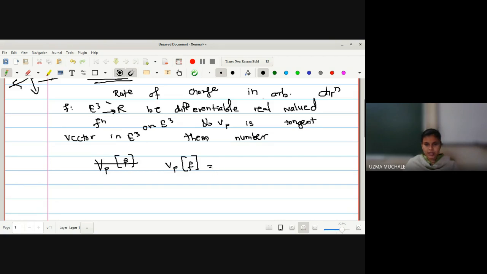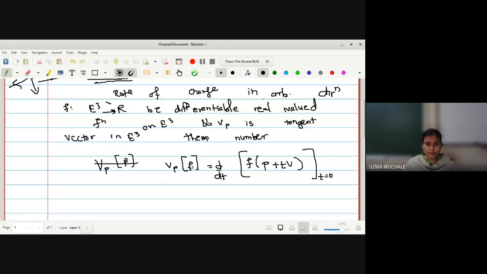Which is given as d by dt, that is the initial rate of change of a function, at t equal to 0, rate of change of function f at a point p in the direction of v. Okay, so the number which is denoted by this one, how is it read as vpf. Vpf means what?